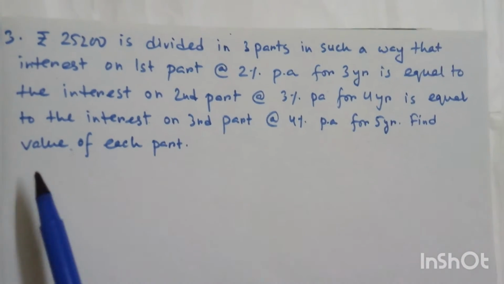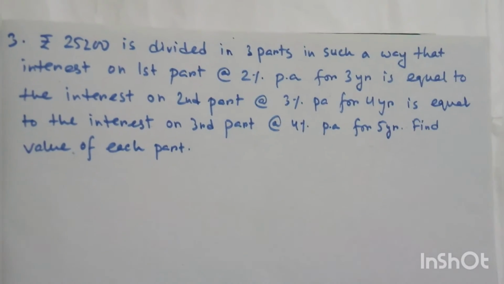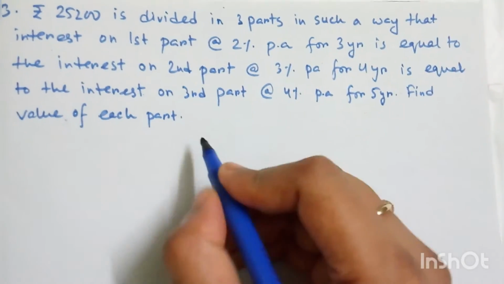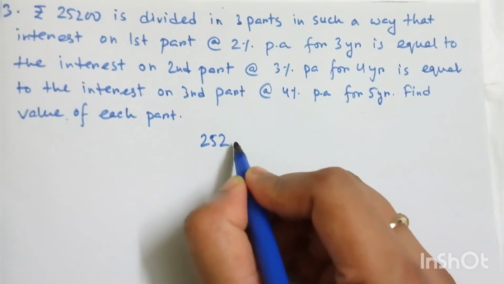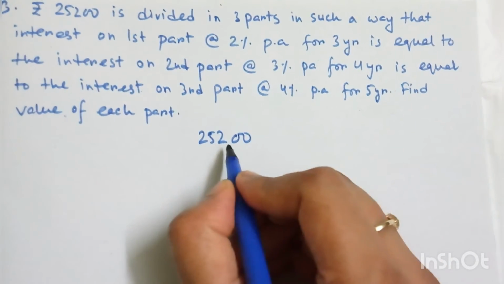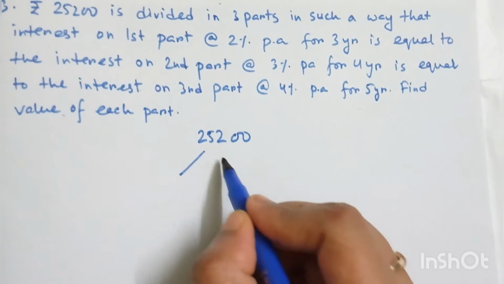So find the value of each part. So here we know the total amount is 25200. It is divided in 3 parts.